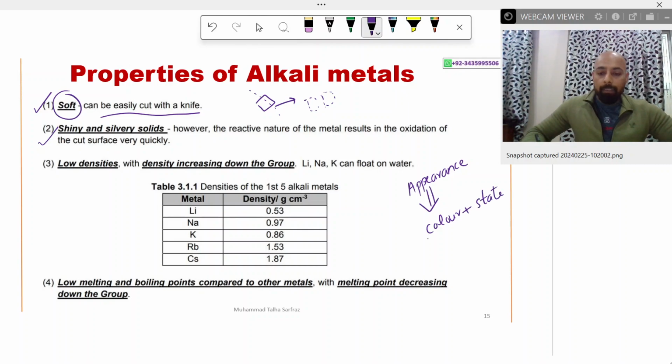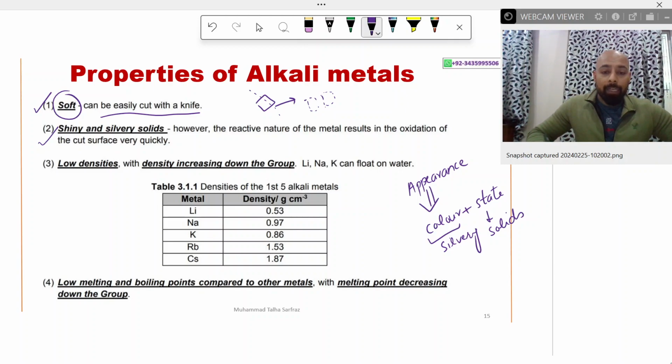So what is the color? The color is silvery and the state is solid. So these things should be very clear. So what is their appearance? Basically, silvery and shiny solids.